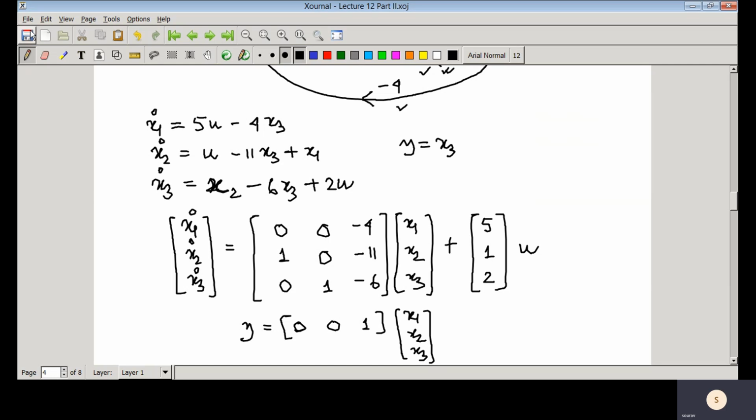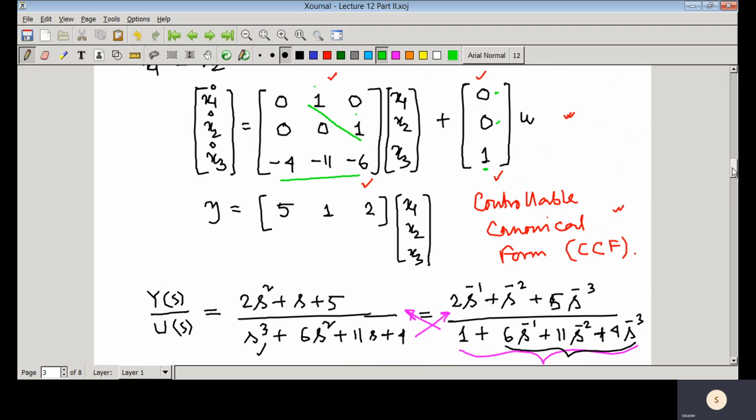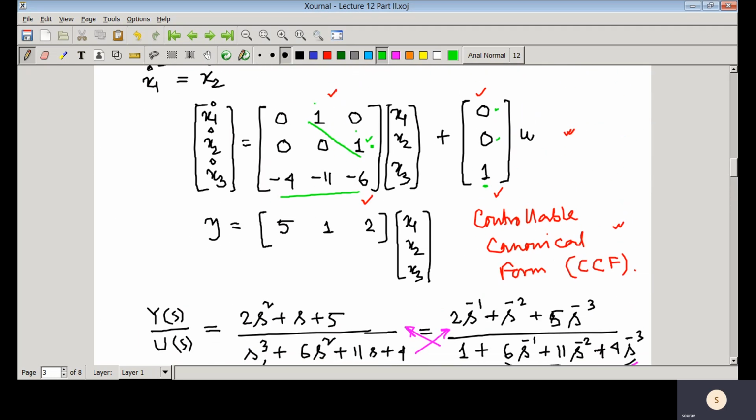So interestingly, you can see here, this is another state space realization where your A matrix has some specific structure, and this is your B matrix, and this is your C matrix. Here you can see that A has that structure, that means you have 1, 1, and all coefficients are here. In this state space realization, your 1s are here, and these are the coefficients, and B matrix is all zeros and the last one is 1.